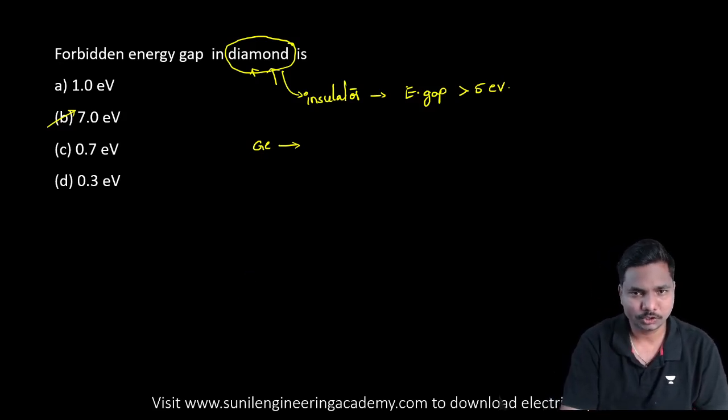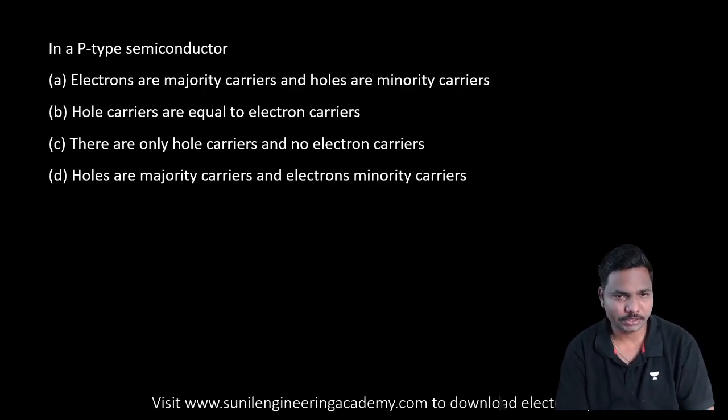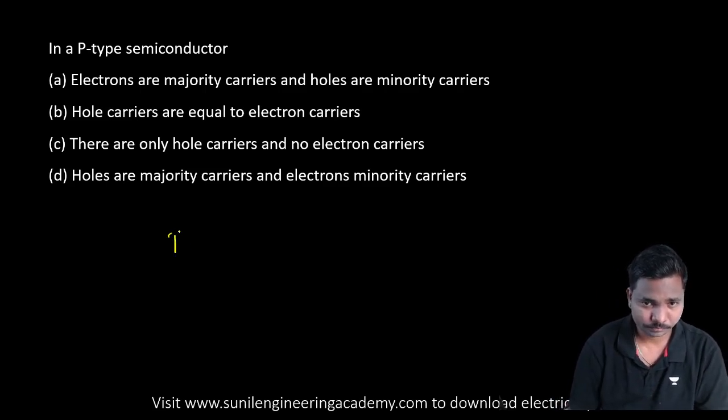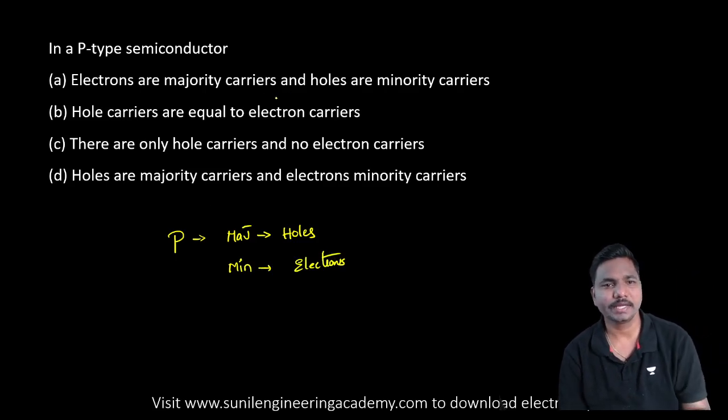Coming to the next question, guys. In a p-type semiconductor dash, already I have given, in p-type what are the majority carriers? Holes. Minority carriers? Electrons. Electrons are majority carriers and holes are minority carriers?